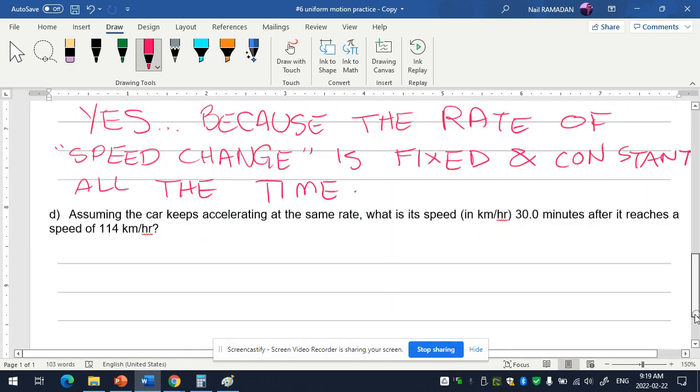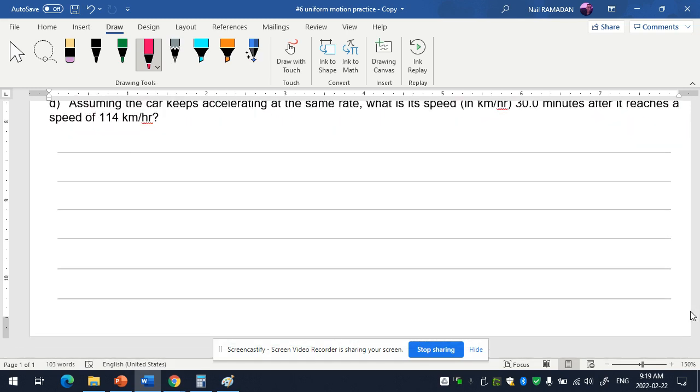Let's write some numbers here. So, what's VI? What's my initial speed now? It's not 75. It's not 87. It is 114 kilometers per hour. In which direction still? How much time am I given in the problem now? 30 minutes.